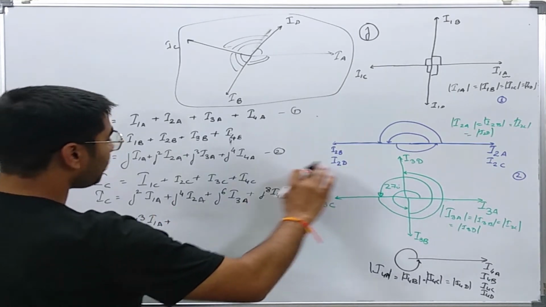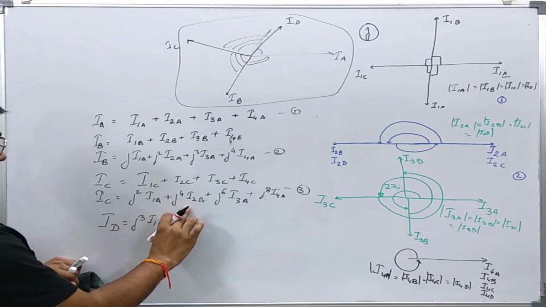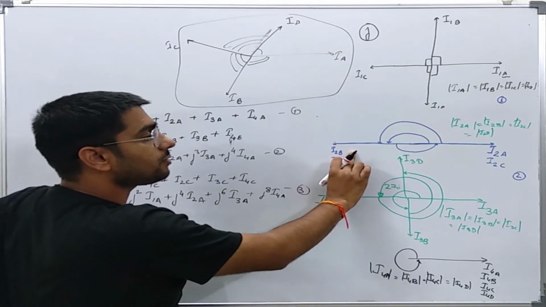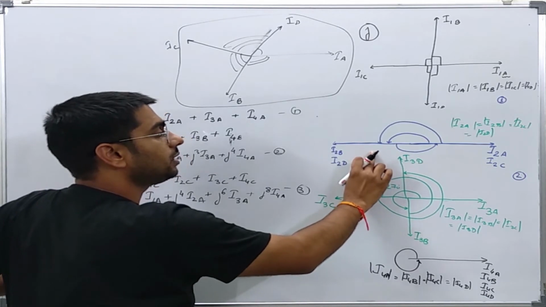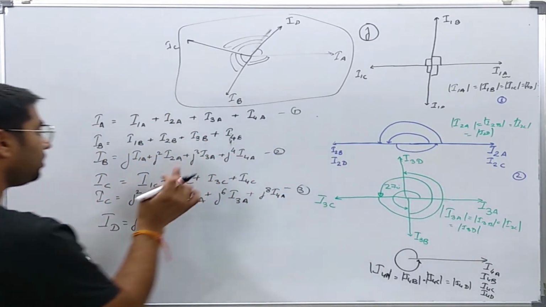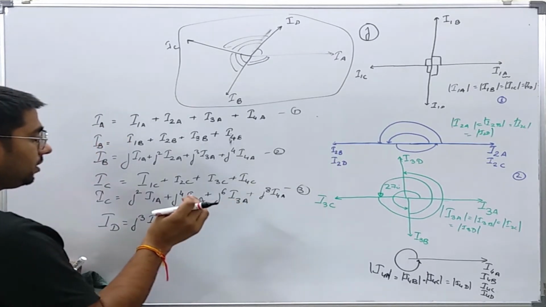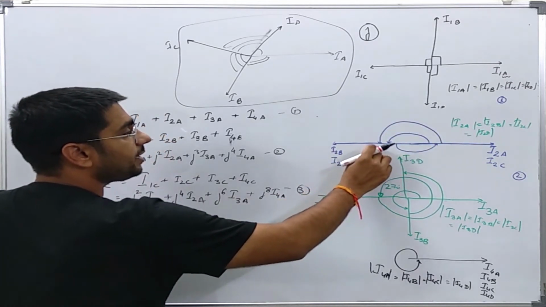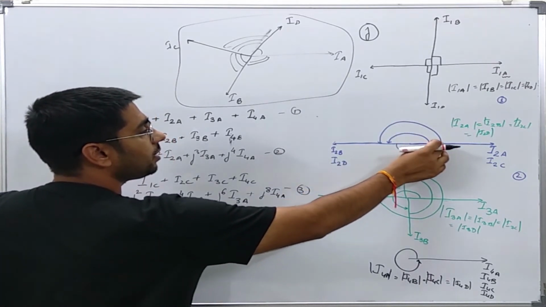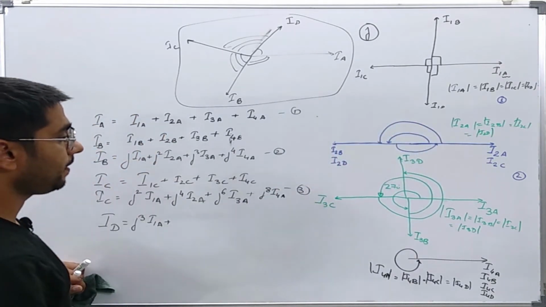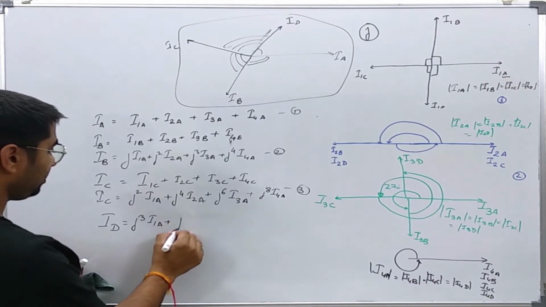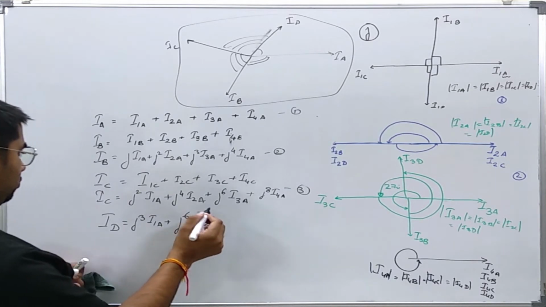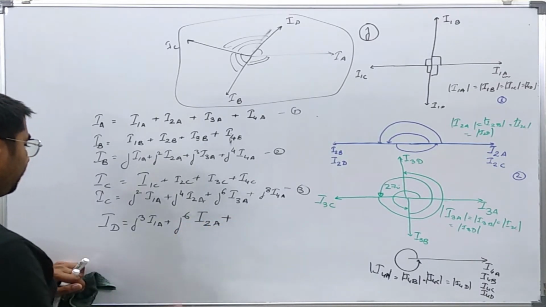Now coming to the I2D part, I2D is equal to J square times I2A, or I can write J square also as J6 times I2A.